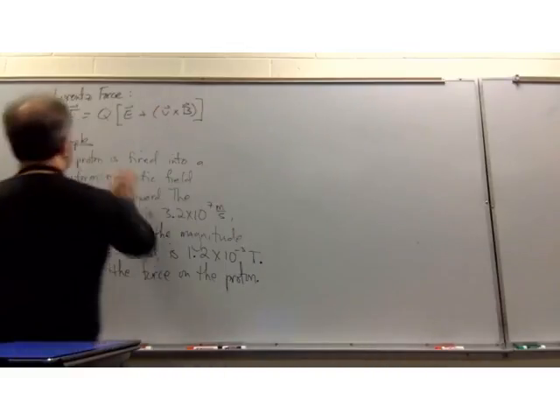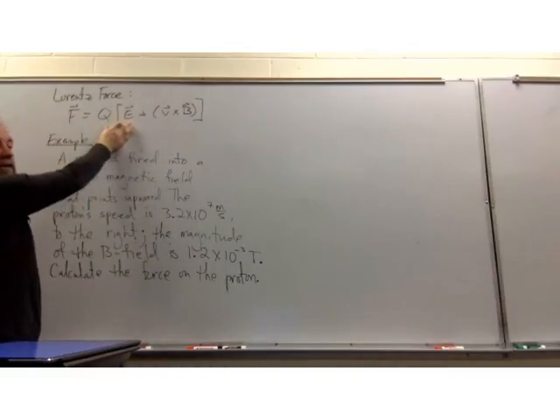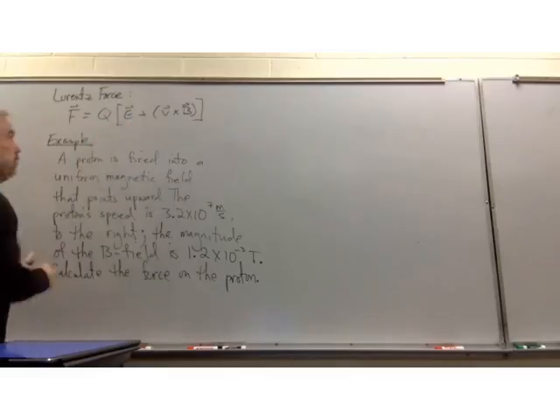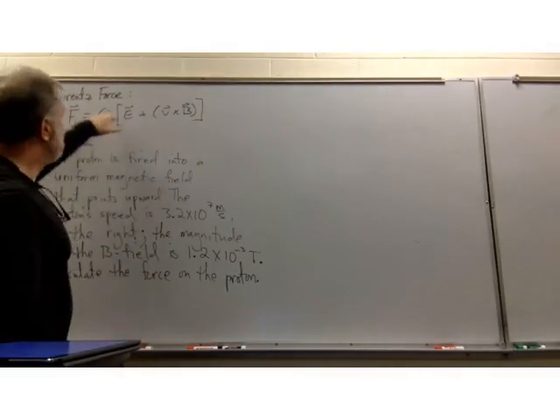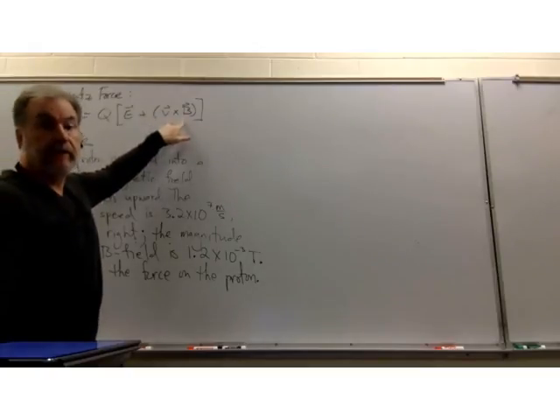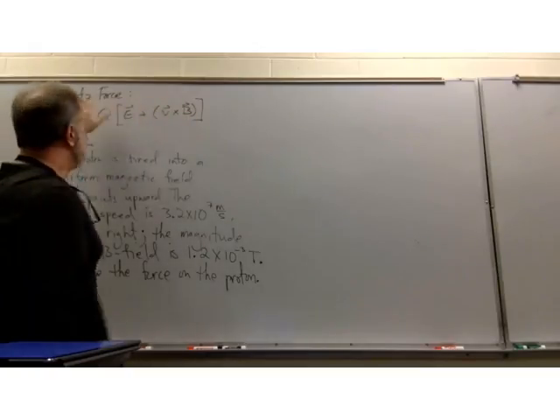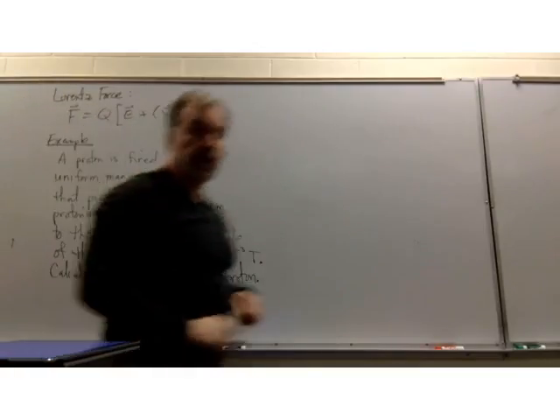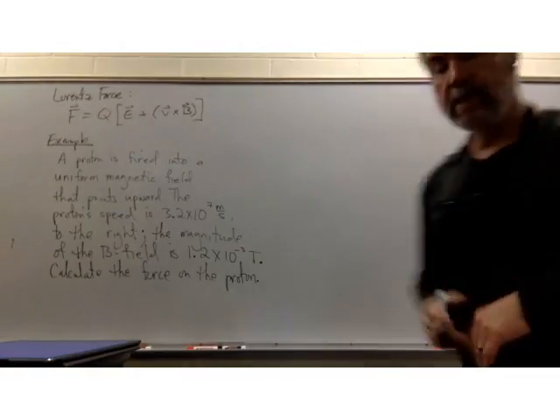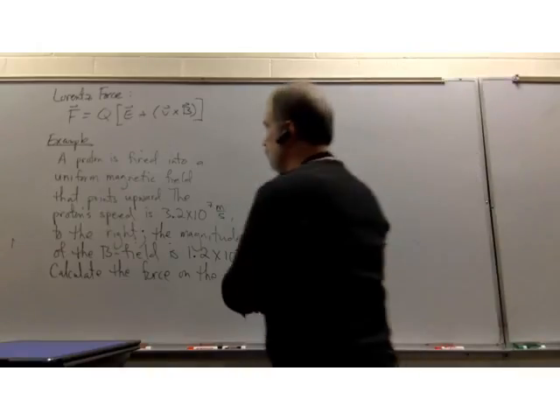And so that's what this is. Q times E is simply, of course, Coulomb's law, and so that's the electric force that we know so well by now. And then Q times V cross B is the magnetic force. So the total force is the electric force plus the magnetic force, and that sum is given the name, as I say, the Lorentz force.